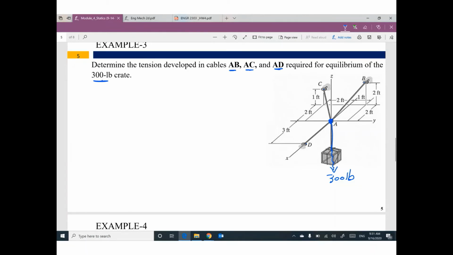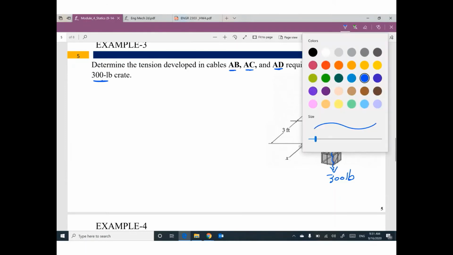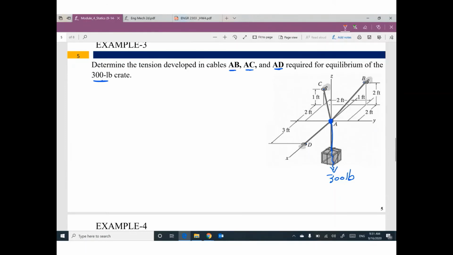First step, please put your hand on the axis. We have here the x-axis, the y-axis, and the z-axis. Then, where is the origin? Point A is the origin, 0, 0, 0.